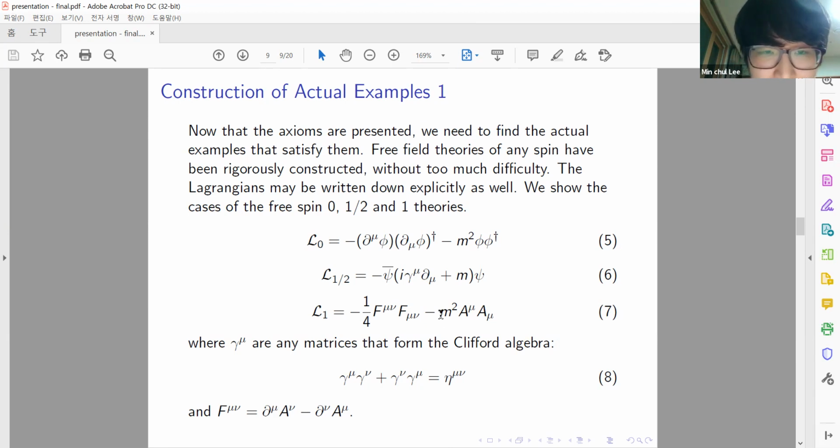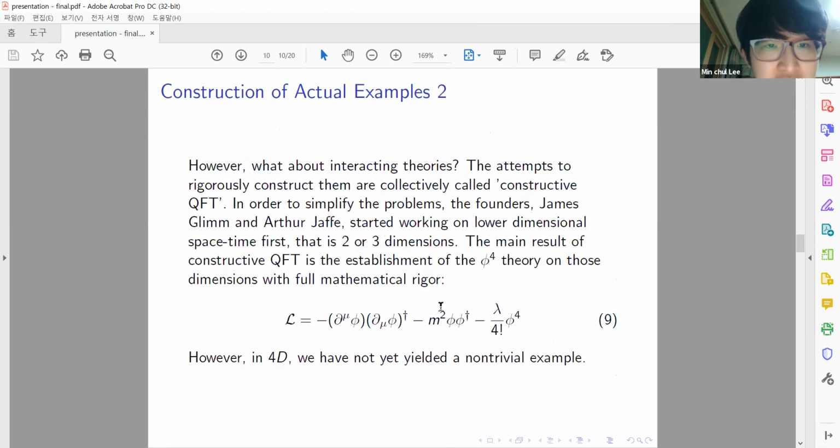However, these are all free field theories. What about the interacting theories? The attempts to rigorously construct such interacting or non-trivial field theories are collectively called constructive quantum field theory. In order to simplify the problems, the founders, Professor James Glimm and Arthur Jaffe, and possibly Professor Thomas Spencer and William Faris and so on, started working on lower dimensional space-time first, that is 2 or 3 dimensional space-time.